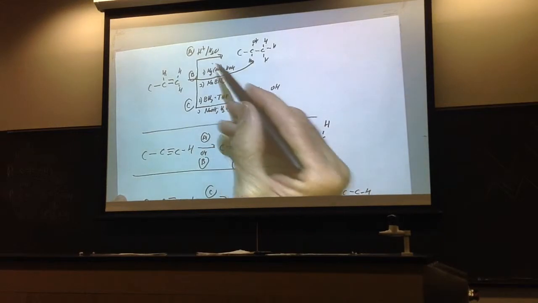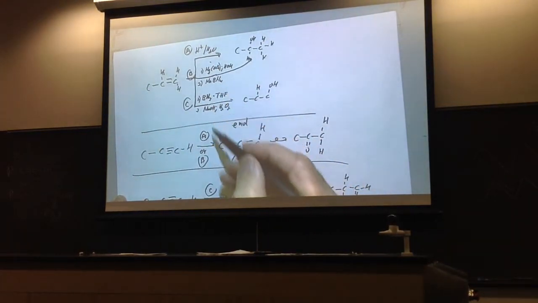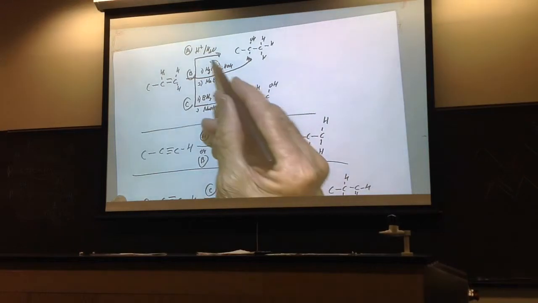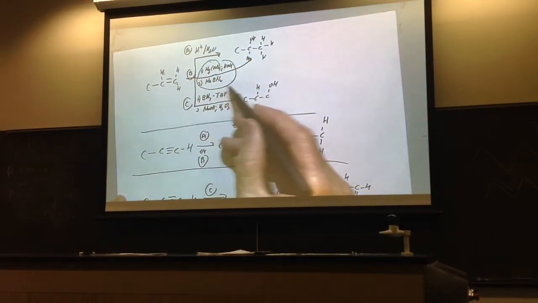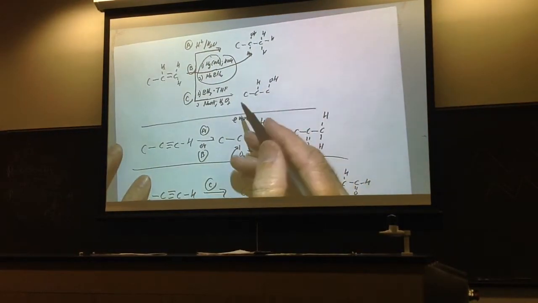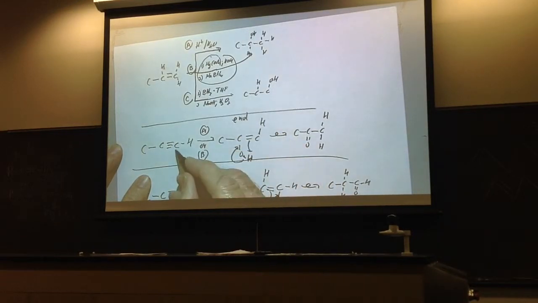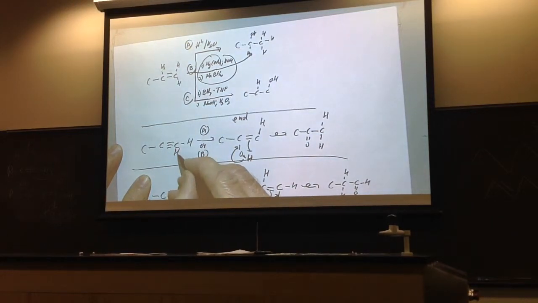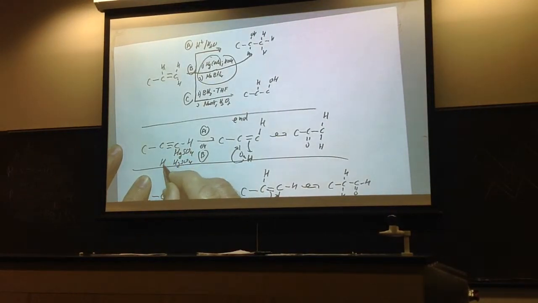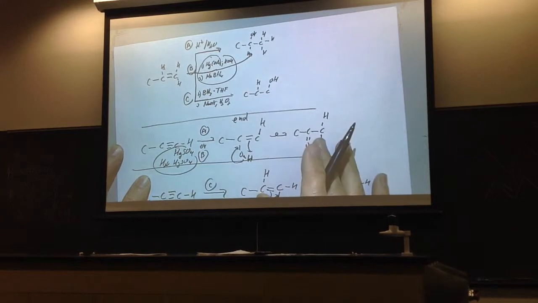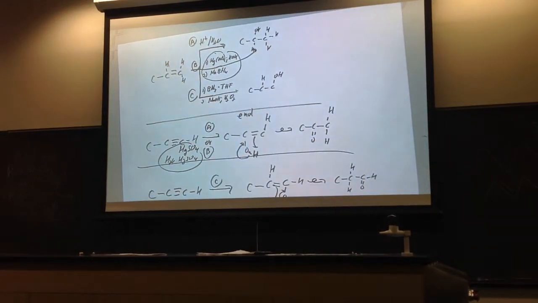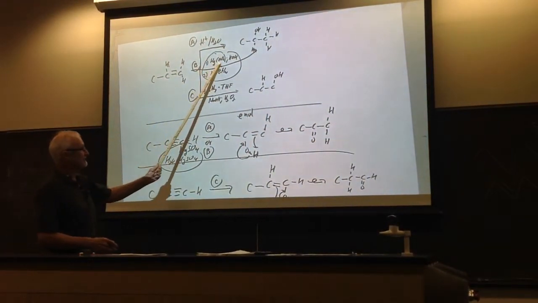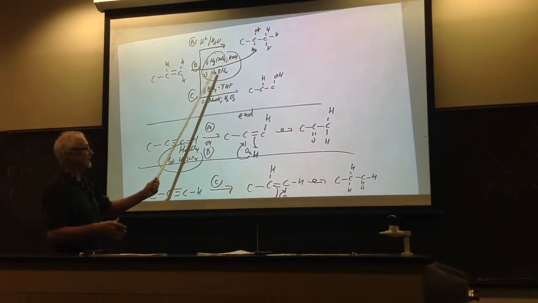This is overkill. If you have a carbon-carbon triple bond, you don't need to do all this. It's a double bond, yes. If it's a carbon-carbon triple bond, instead of mercuric acetate, you can add mercuric sulfate, sulfuric acid, and water. So don't be too alarmed, those are reagents you will see. If it's an alkene, they use mercuric acetate and water, followed by sodium borohydride in the second step.